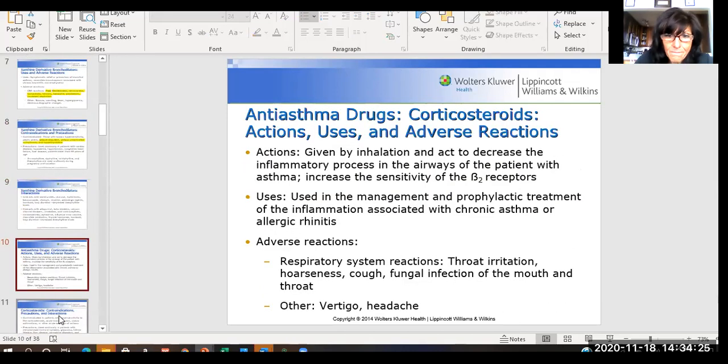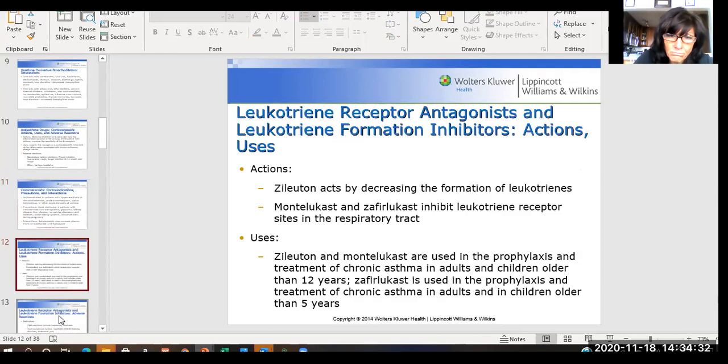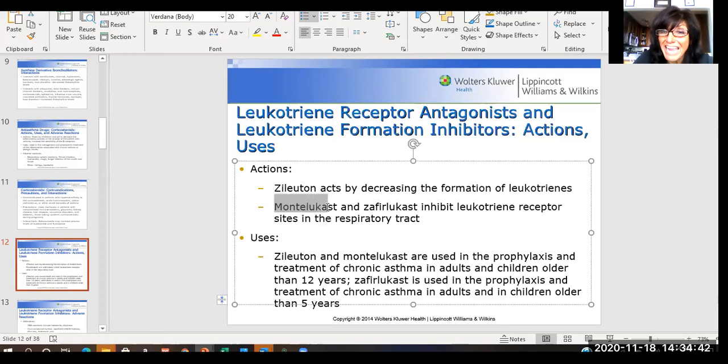Let's see. Corticosteroids. I really want to do this in another lesson, so we won't talk about corticosteroids just yet. But the leukotrienes, that's montelukast. It even has Lou in the name, right? That's this guy right here, okay?